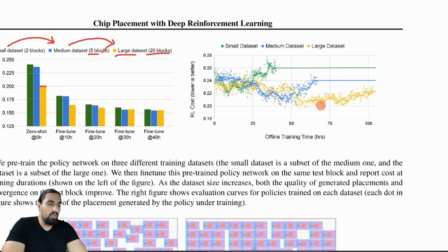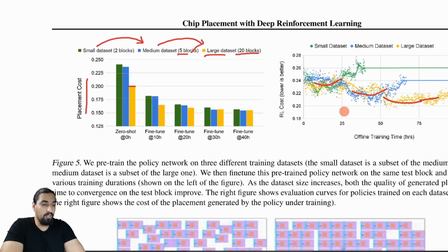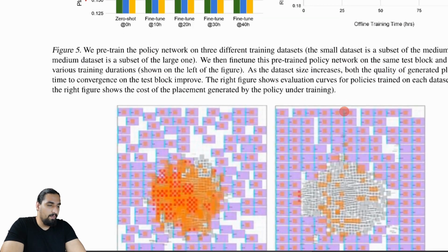Looking at this curve here, what you see is the RL cost on an unseen chip, and you can see that with the big dataset, you get to overfitting much slower, and you get better performance than using the medium or smaller datasets. So it's both harder to overfit, and you get lower costs. So again, more data, nothing new there, but yeah.